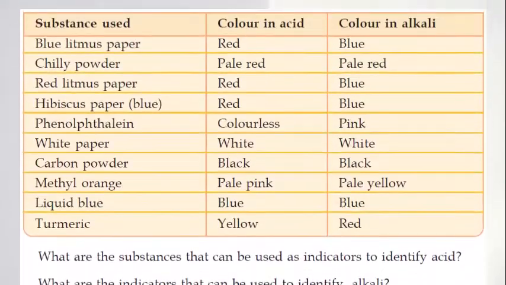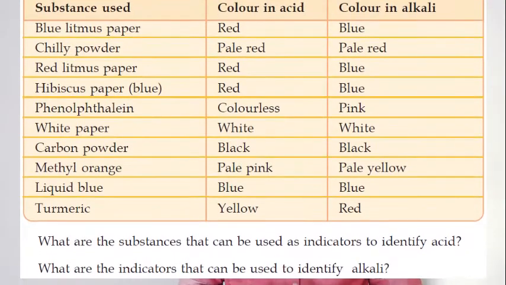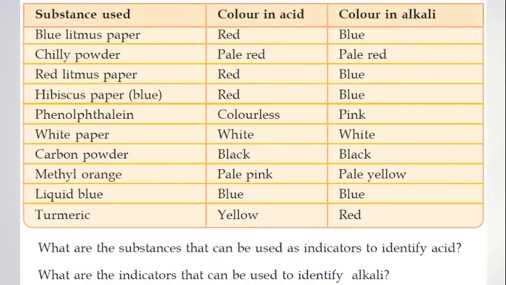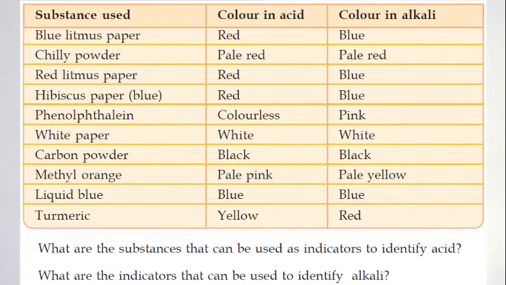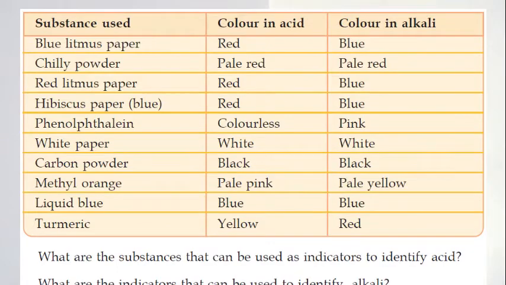Now let's see a list of indicators which we can use to identify acids and alkalis. Here you have a big list of indicators. Look at the table. In this table you can see substances used, color in acid and color in alkali. Blue litmus paper shows red in acid and blue in alkali.